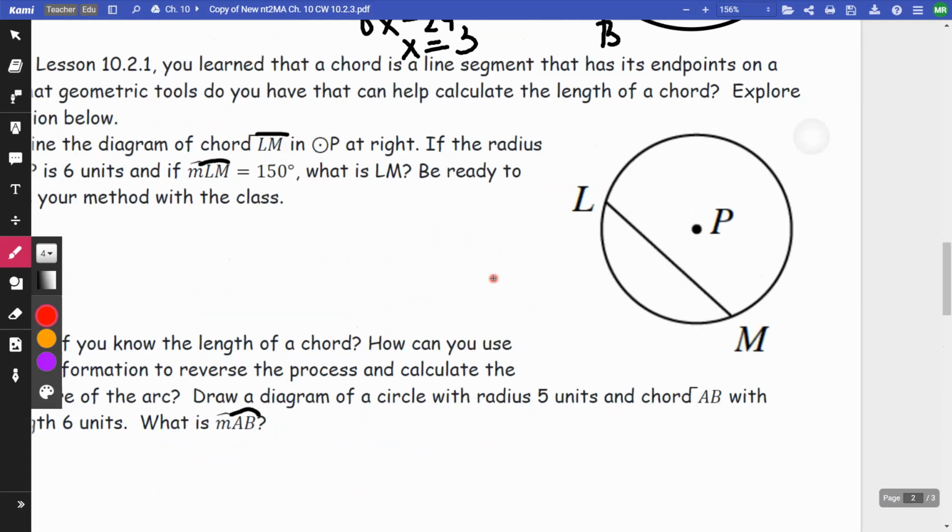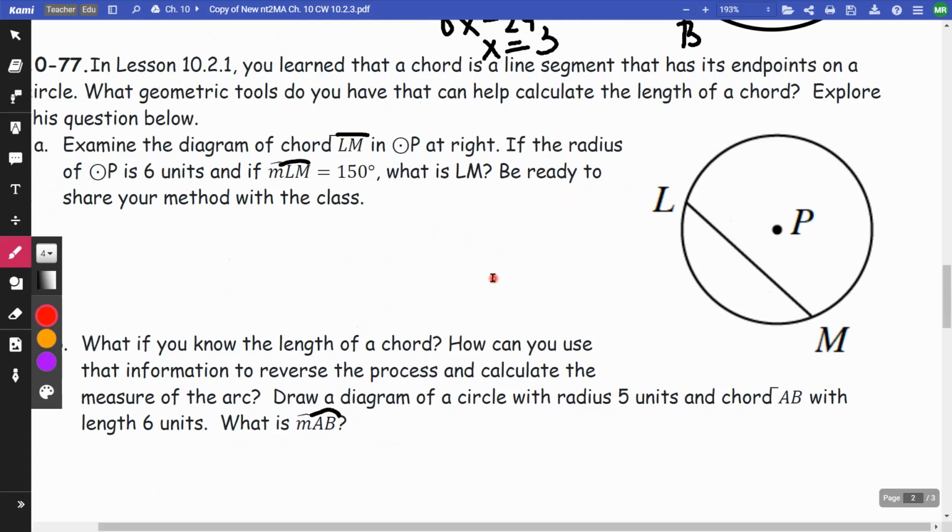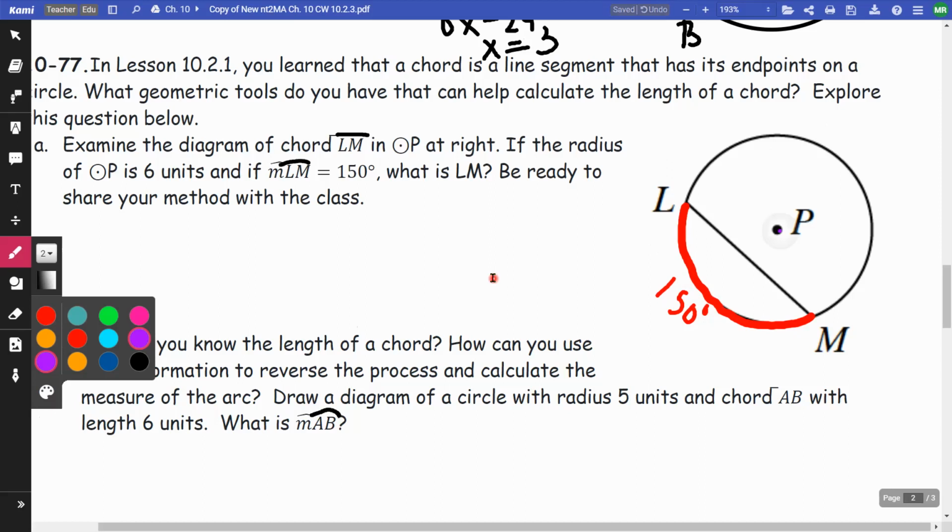Number one, we know that this arc LM is 150 degrees. So this is going to be 150 degrees for its measure. We also know that the radius of the circle is 6. So I'm going to draw from here to here, and I'm going to label that 6. I can also draw from here to here.